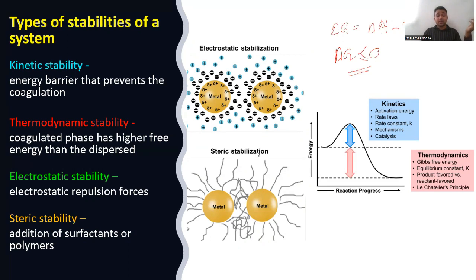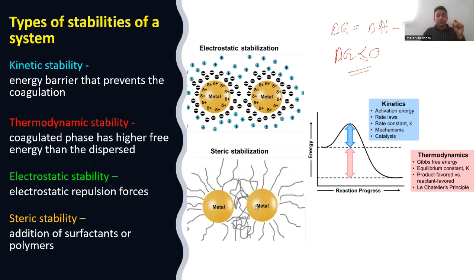The steric stability, right? So in some cases, let's say we can tether some molecules. We can bond some long chain molecules onto these particles. That is called tethering, right? We can tether some molecules.